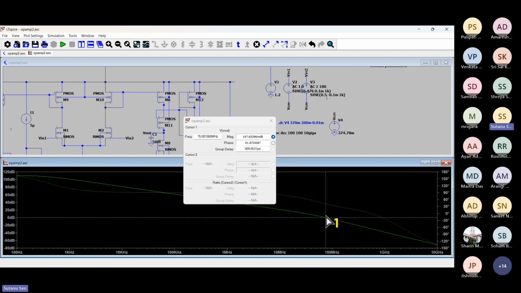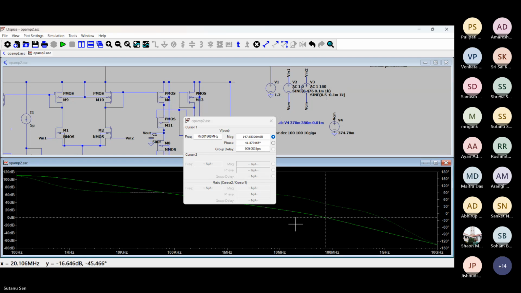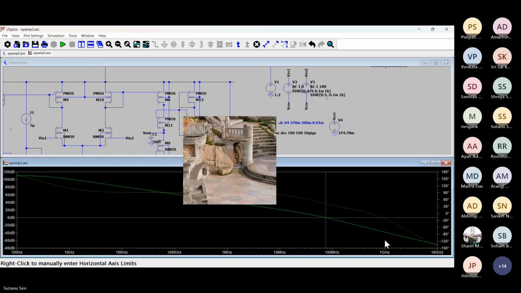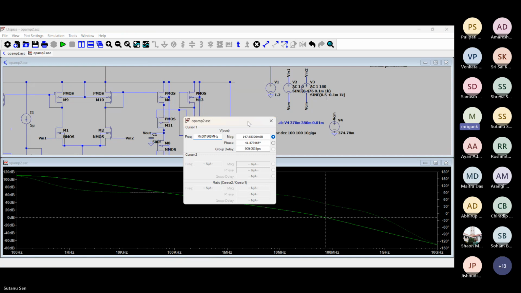Sir, now I'm getting almost 41 degree phase margin. Look at the 3 dB point. It is going very down because the gain has been increased.